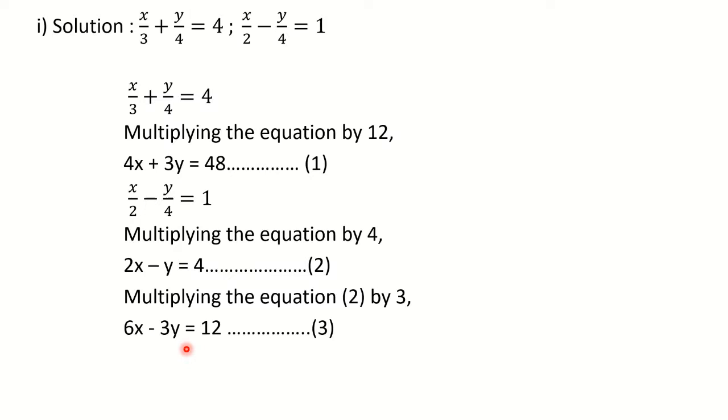So what is the next step? Adding equations 1 and 3. So write down the statement: adding equations 1 and 3. So write down equation 1 up, that is 4x plus 3y is equal to 48, plus equation number 3, that is 6x minus 3y is equal to 12. And when we add them, this plus 3y and minus 3y will get cancelled.